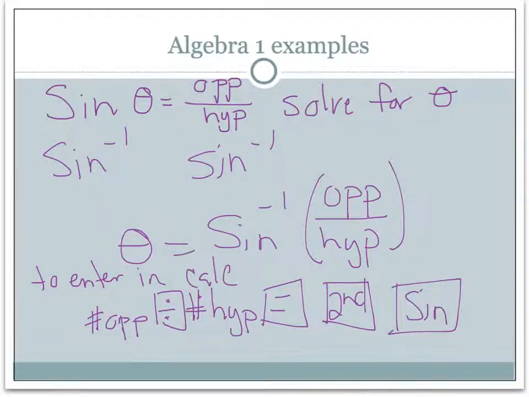Now remember that this order of buttons is only if you're using the calculators provided in the classroom and some of the calculators that you may download on your smartphones. However, if you're using a larger graphing calculator like you're provided in math class, this is not the order that you would enter these operations.